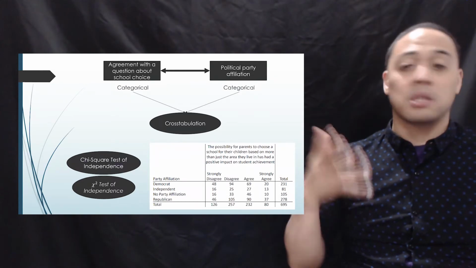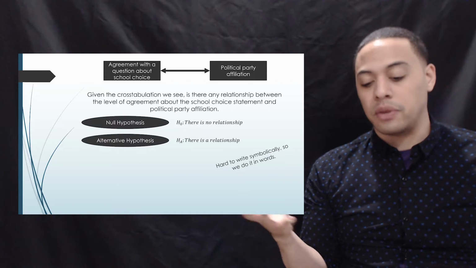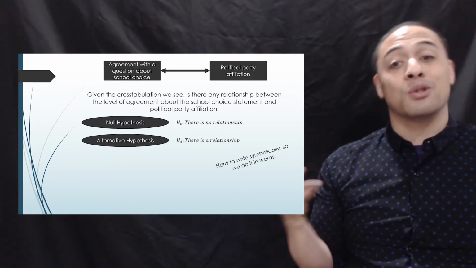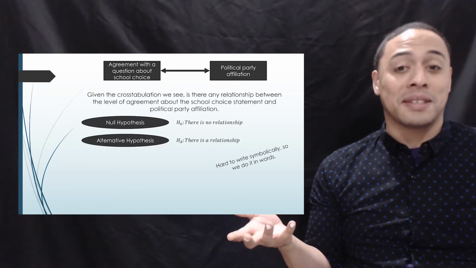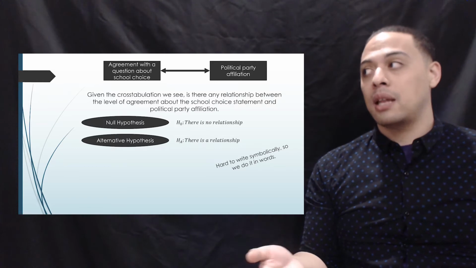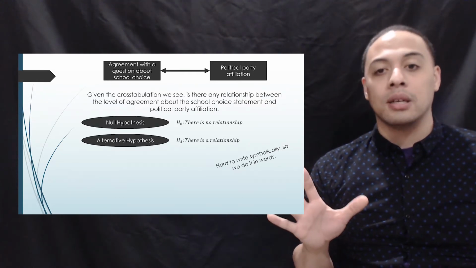So what's the null and alternative hypothesis, as always, right? Because we're trying to figure out if there's a relationship between the two things. The null hypothesis is there's no relationship. The alternative hypothesis is that there is some relationship. Simple as that. Now you might say, we were using Greek symbols and all of that before, so why aren't we using it here?